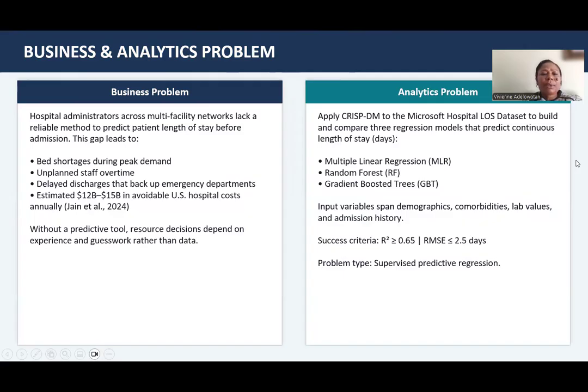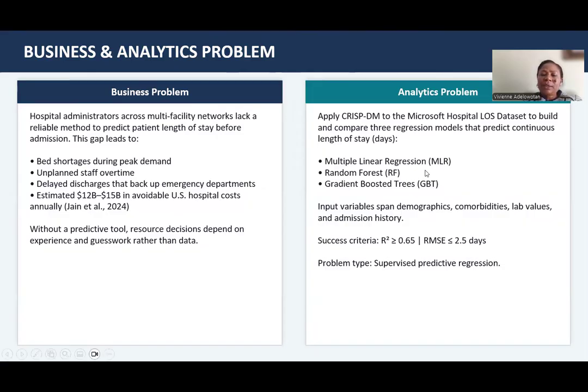Business and analytics problem. The core question for this project is if patient length of stay can be predicted at or near admission time.